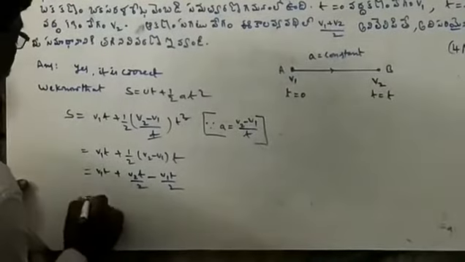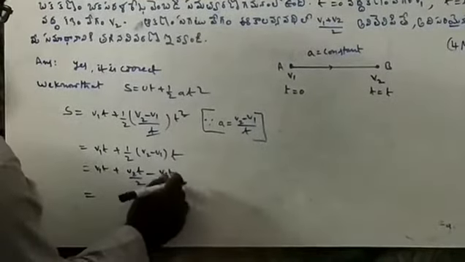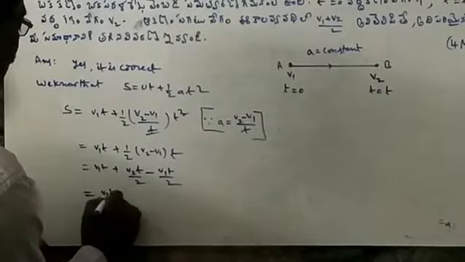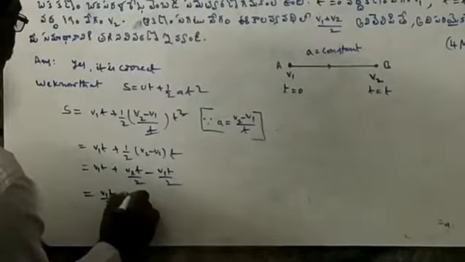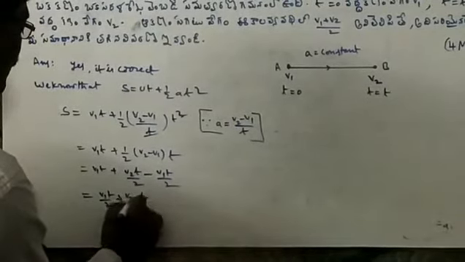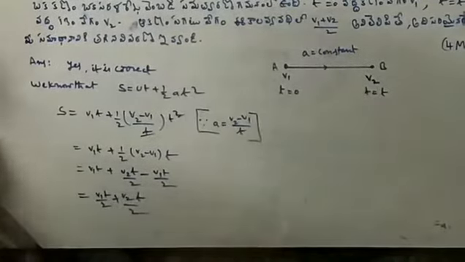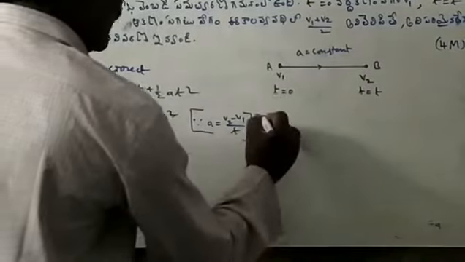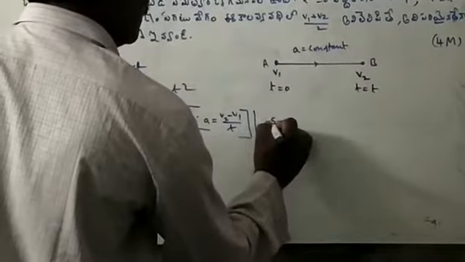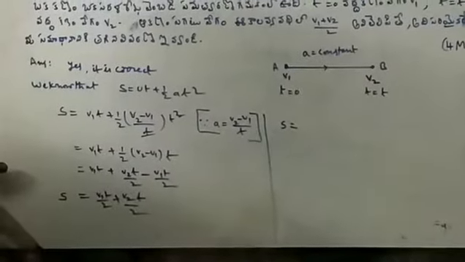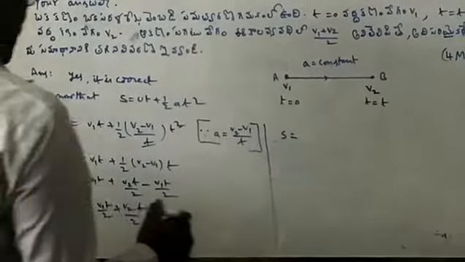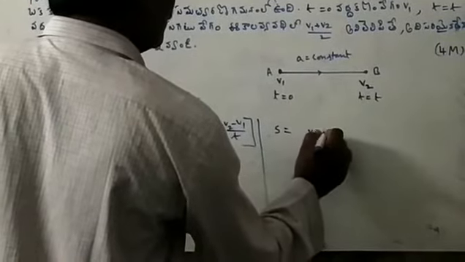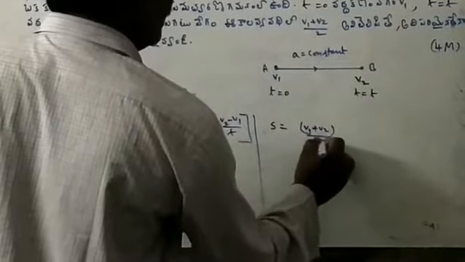That is equal to v1t minus v1t by 2. Simplifying we get v1t by 2 plus v2t by 2. S is equal to, taking t by 2 common, (v1 plus v2) by 2 into t.